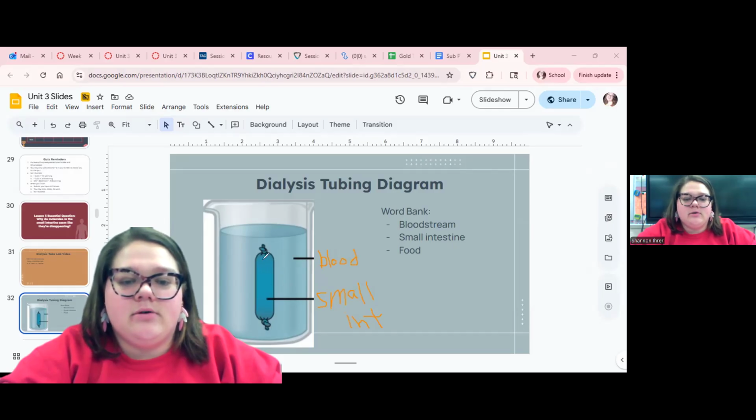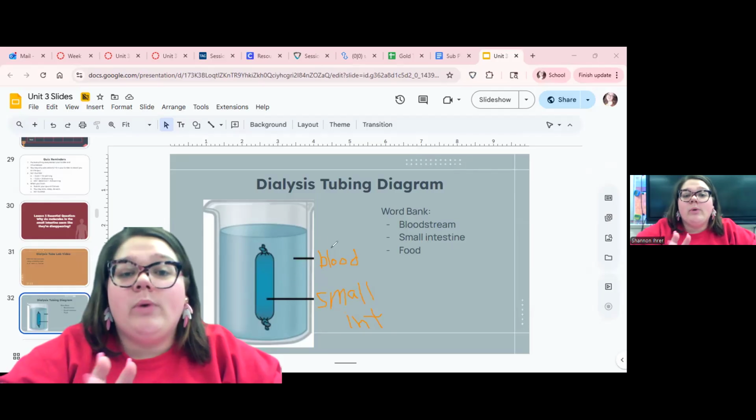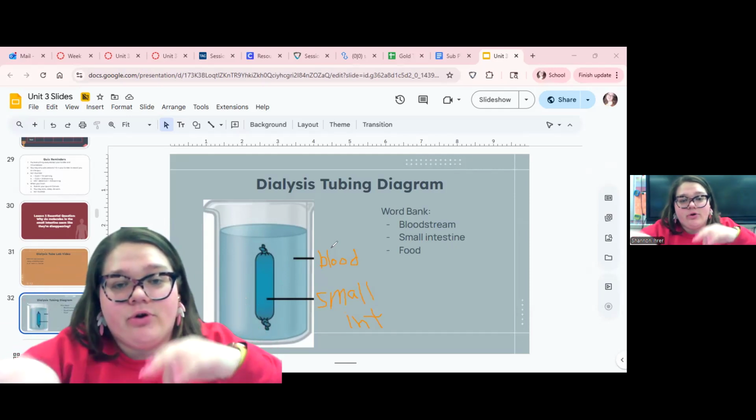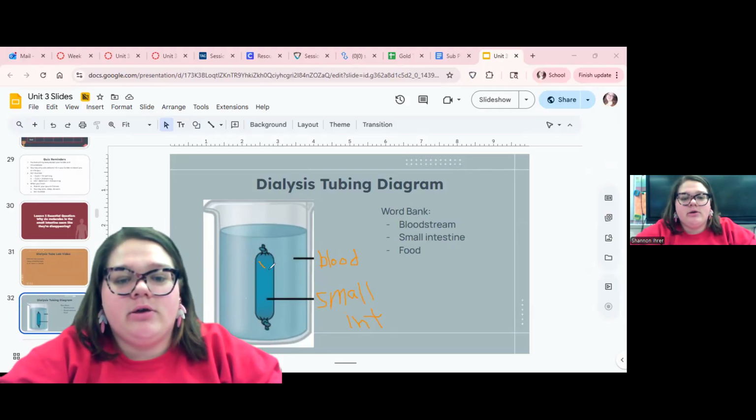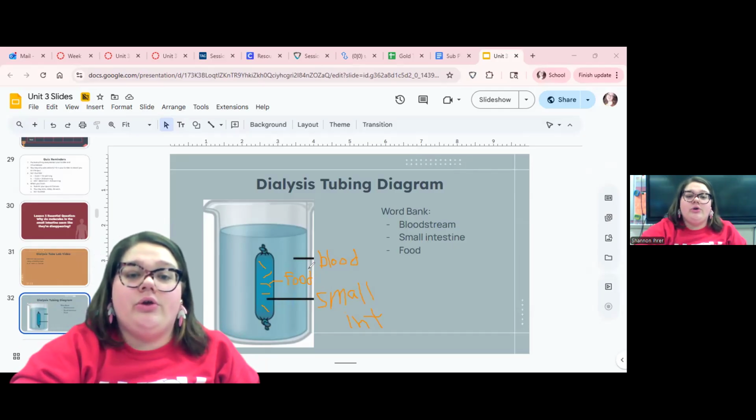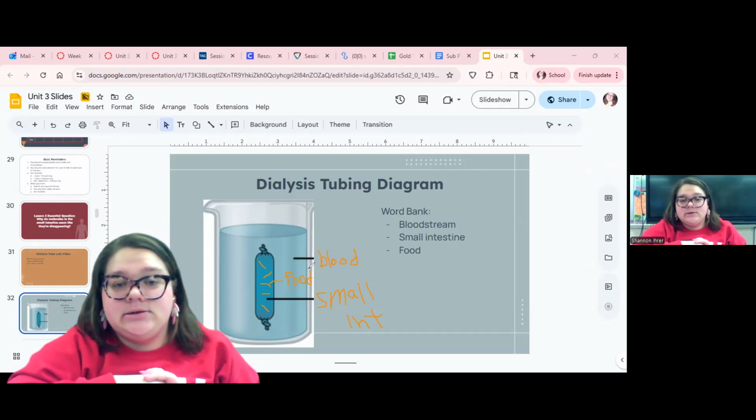So dialysis tube is our small intestine. The water on the outside is our bloodstream. When we eat food, our food molecules are going to run in through our small intestine. So we want to put our food molecules inside of our small intestine. So that is our food. Make sure you have all of those labels on your diagram on page 16.